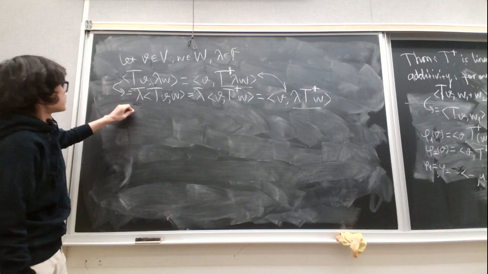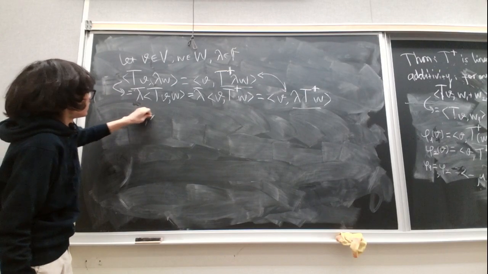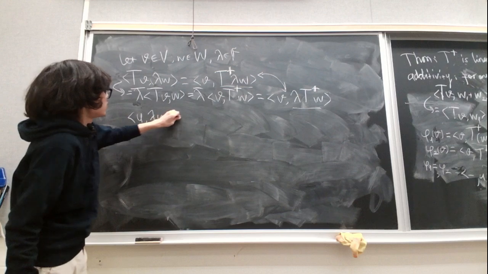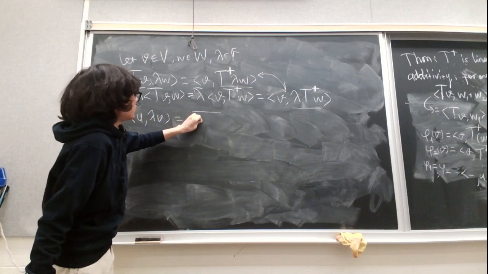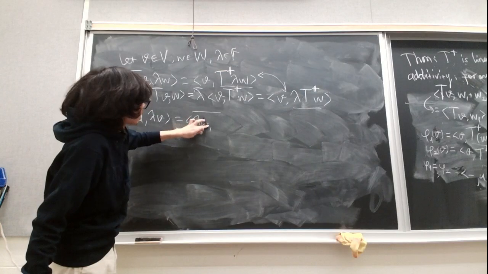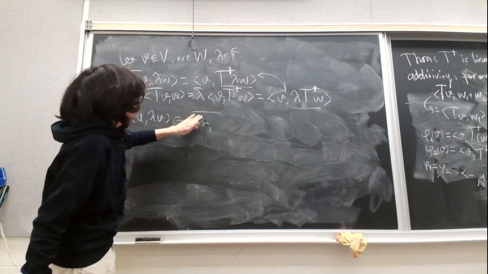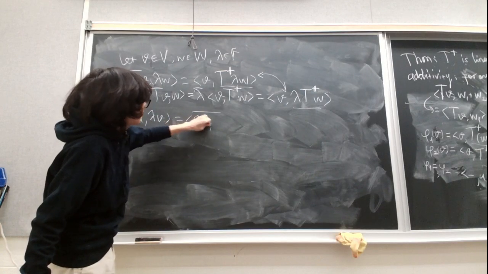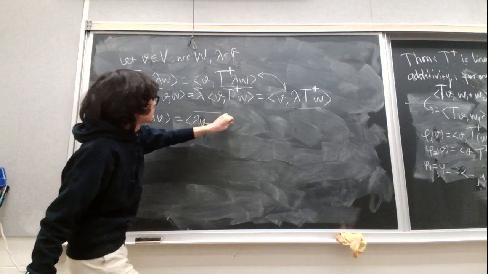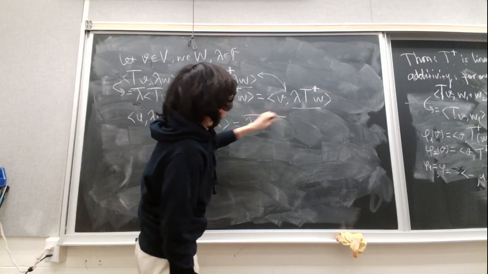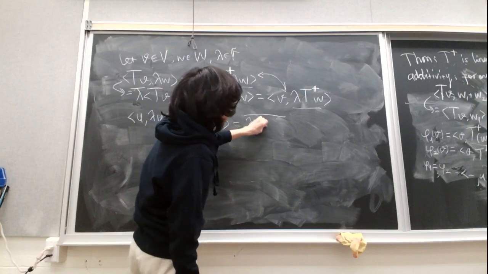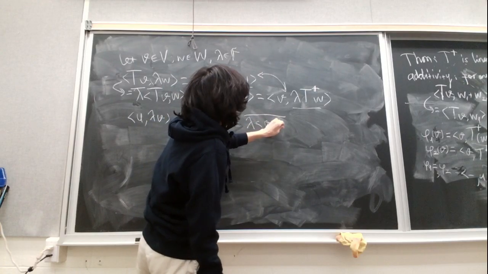Here, you have u and lambda v, which is equal by the definition to this; you take it out because it's linear in the first entry, and then you flip it back.